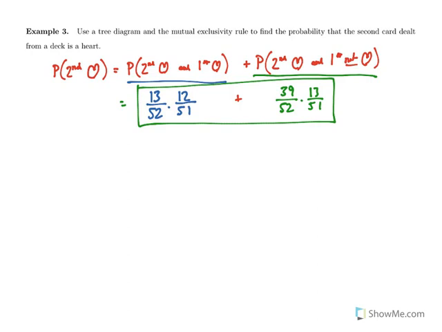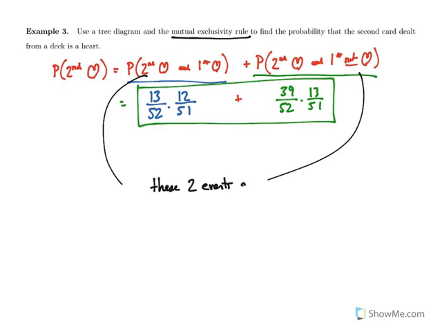The mutual exclusivity rule is saying that these two events are mutually exclusive. They can't happen at the same time.